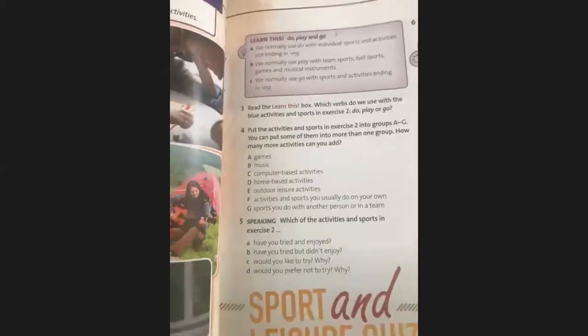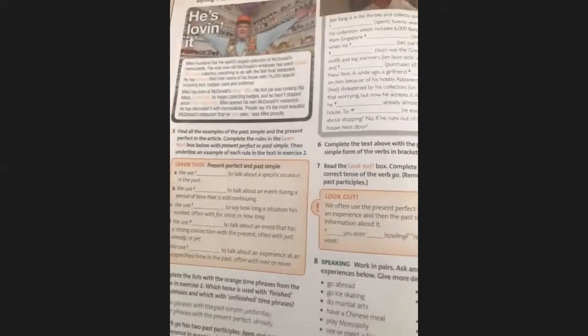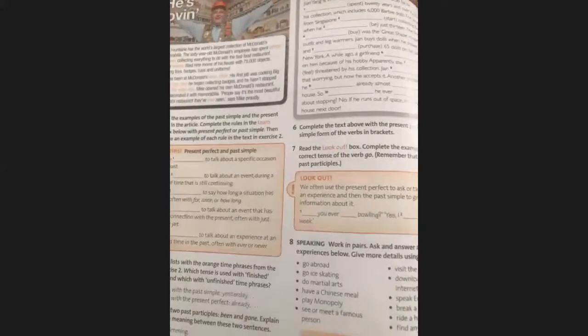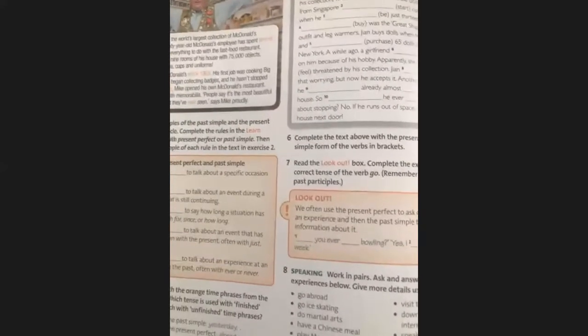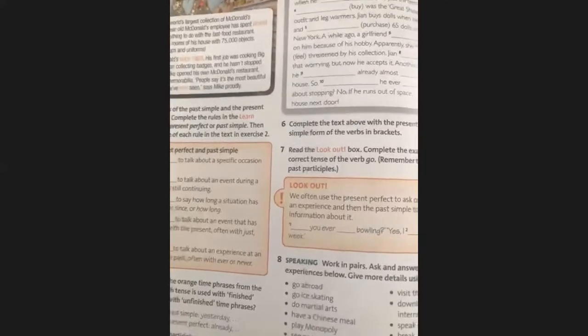All right, we're turning the page. No, we don't have anything about adverbs or frequency on the test. We're turning the page to past, present perfect, and past perfect. The been and gone is on the test. So I'm going to tell you again. Been is you went and you came back already.